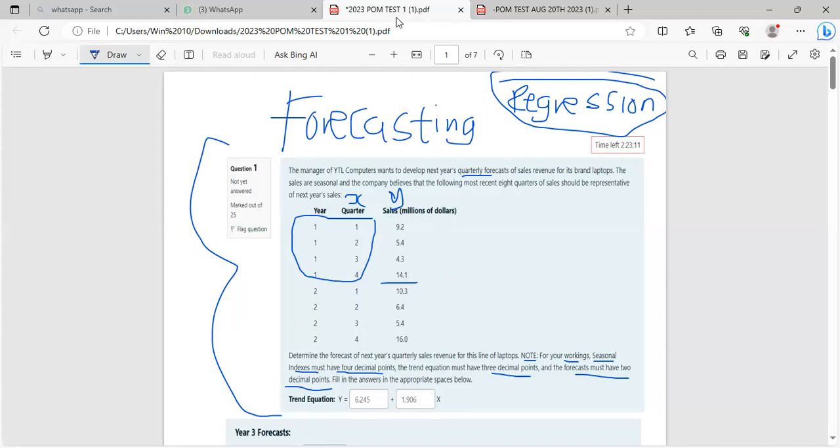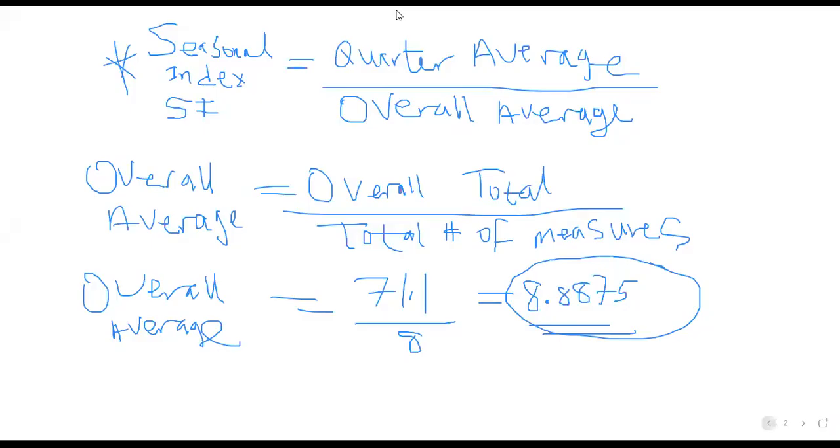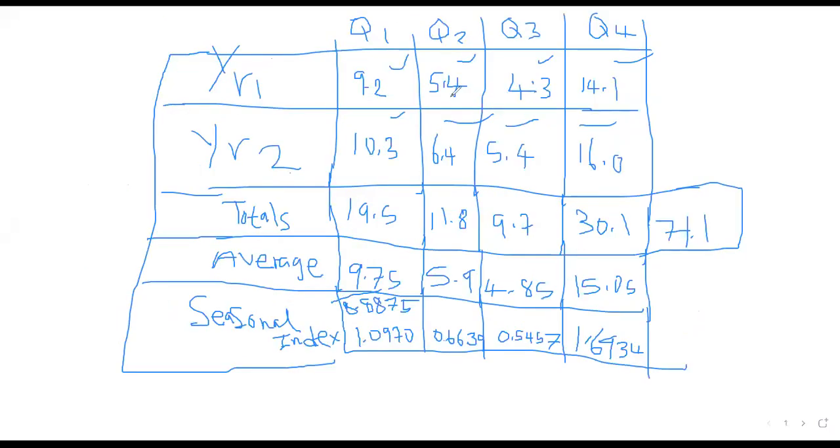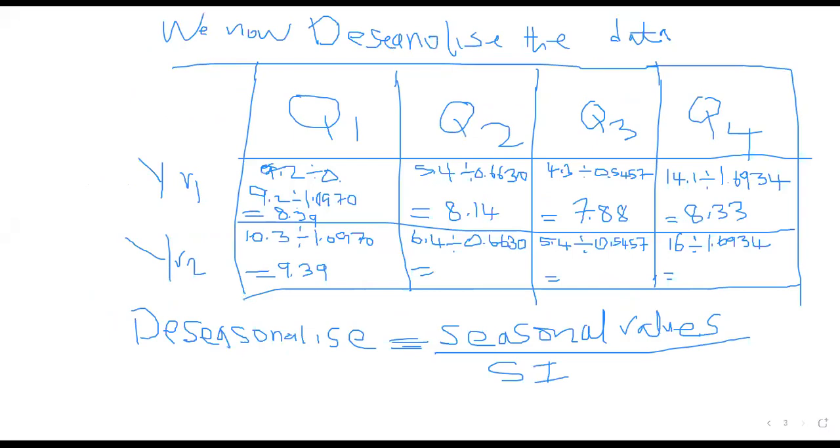That's why it was initially presented this way: year one, 4 quarters, year two, 4 quarters, the totals, the average, the seasonal indexes. Then getting down here, we are simply saying that as we divide, let's say, 9.65.